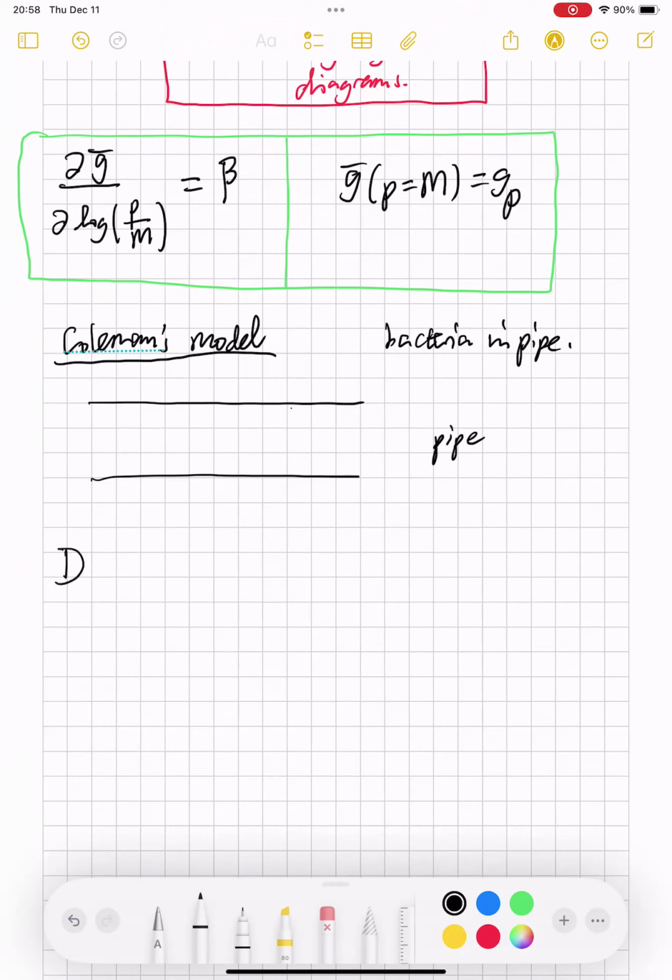Good. And what we will do to describe this problem, we will invent a density. So D, which can be a function of time and position. So this coordinate over here will be the x coordinate. So specifying x says where you are along the pipe. And D of t comma x is equal to the density of bacteria.